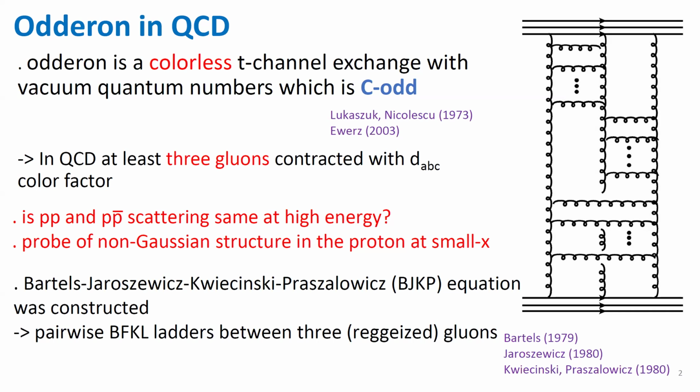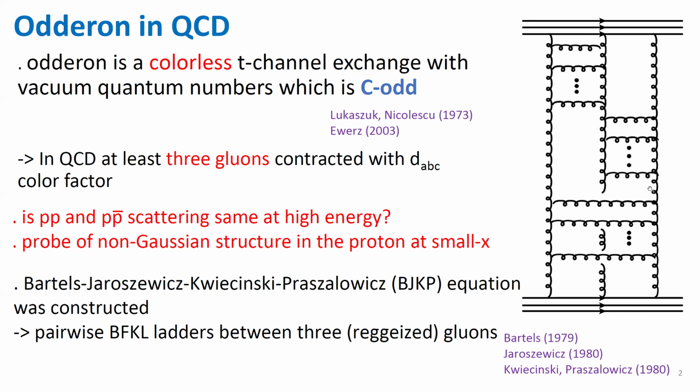The final point is that the Odderon is not just three gluons, which would be a bare Odderon, but we need to care for QCD radiation, and then you need to take into account all the energy enhancements in the particular diagram. Then you don't have just three gluons, but this beautiful structure with ladder pairwise interactions, and these vertical gluons are Regge gluons, and so on.